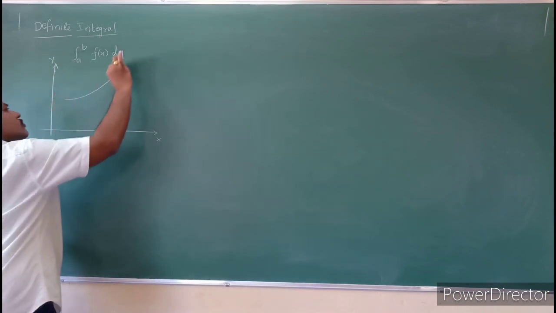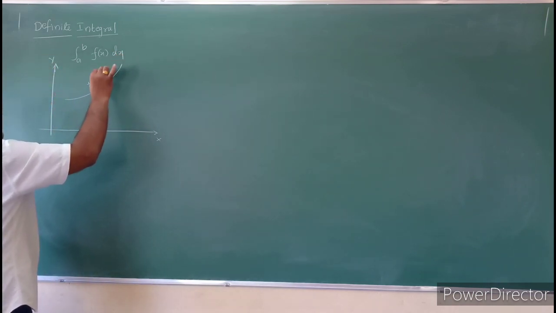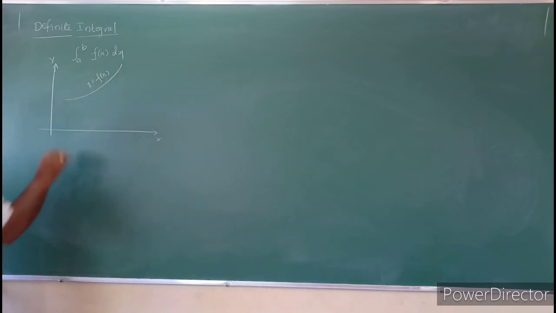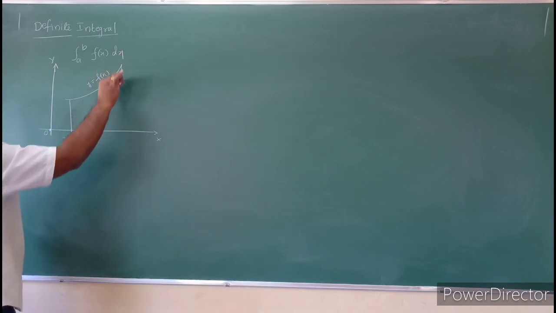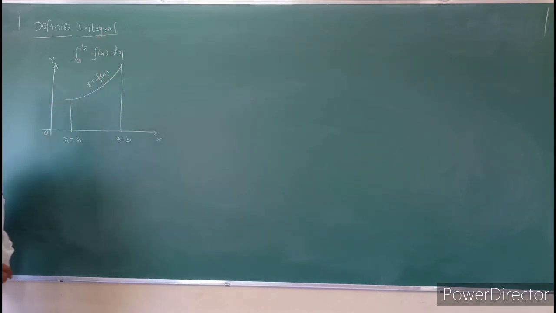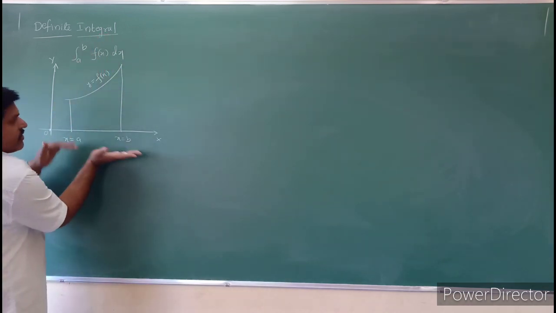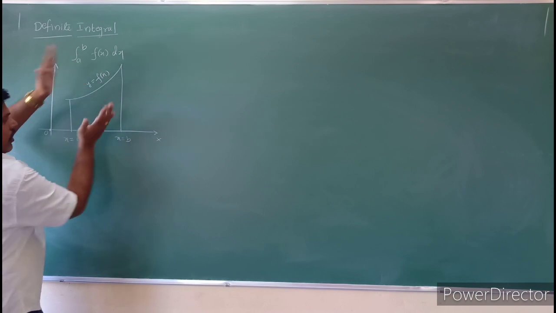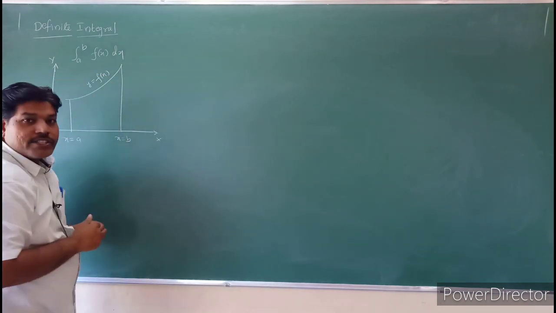What is the meaning? See here, if y is equal to f of x is a curve, and x is equal to a, and x is equal to b, and the x-axis, the area of this between x is equal to a and x is equal to b.